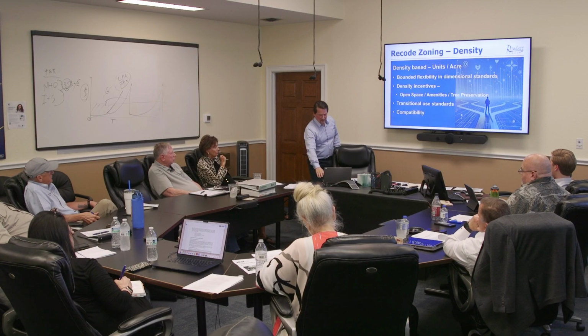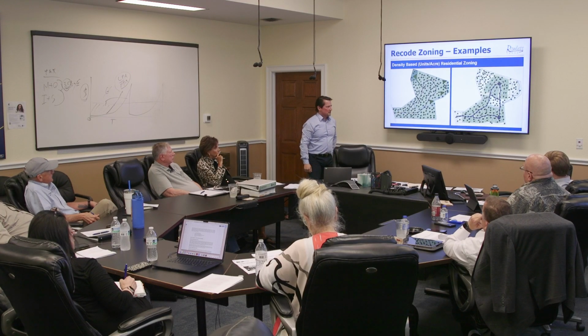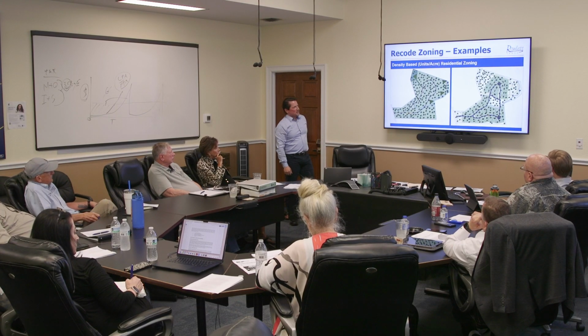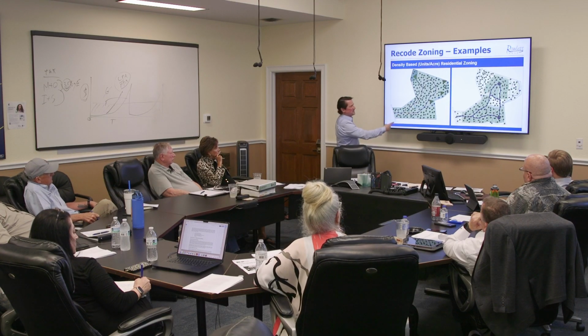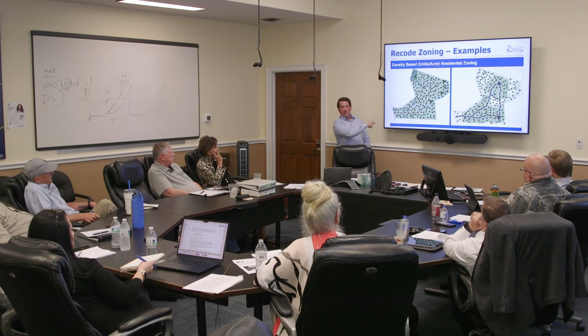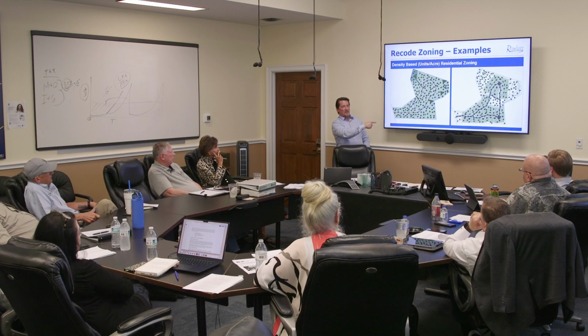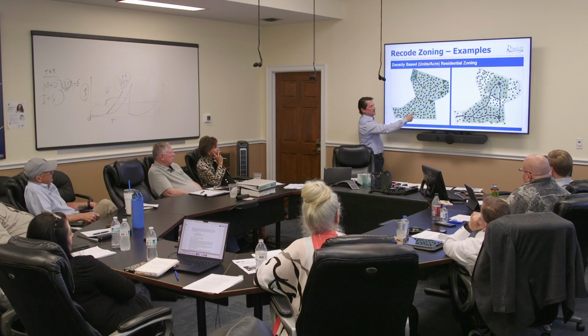The difference is this. So this is the diagrams in there. This is the same number of units. But this actually wouldn't be allowed in our code. Even though it's big 40,000 square foot lots, it wouldn't be allowed because our dimensional standards are so strict. This wouldn't pass muster.